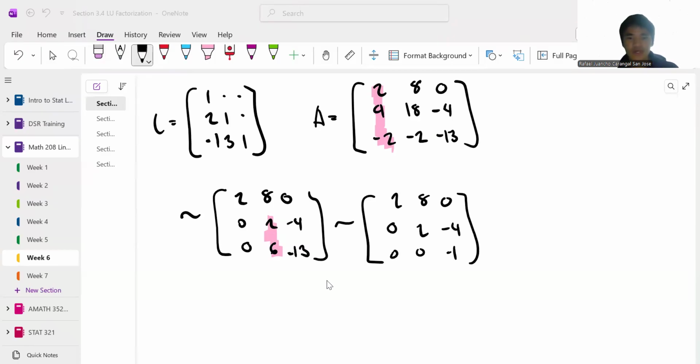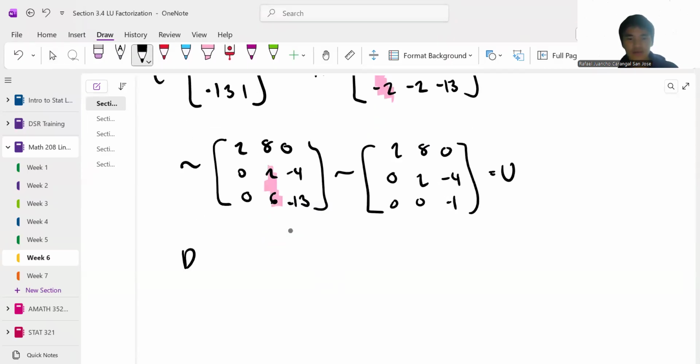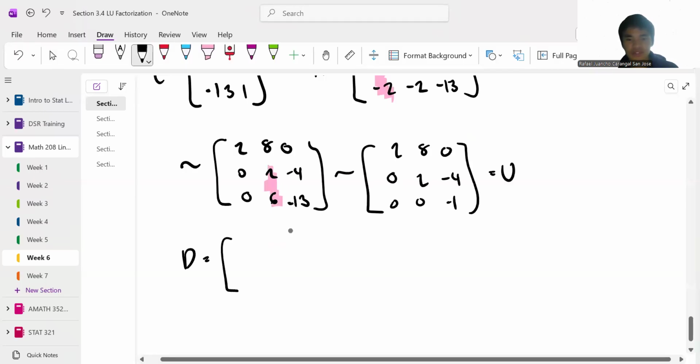And so now we actually have this is U, and then this is L. So we can note that our D, we're just actually taking the diagonal.